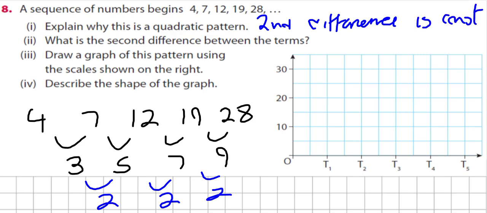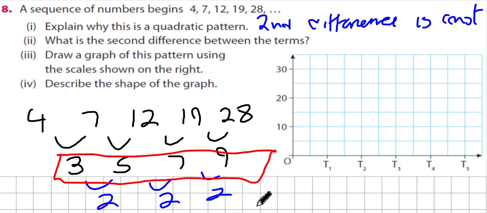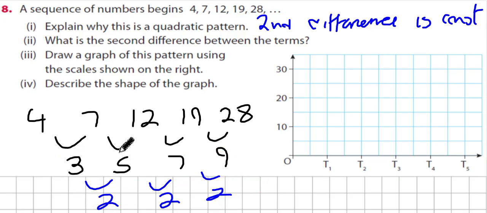We did that before we left, didn't we? Okay. What's the second difference between the terms? What is the second difference? 2. I get what you're thinking. See, all of these are first differences. And all the ones in the green box are the second differences. I get that you were doing it, it made sense. So, would you all agree with 2?